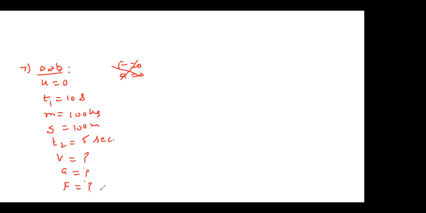A force for 10 seconds is acting on a stationary body whose mass is 100. So stationary means u is 0, 10 seconds means time, mass is m equals 100.